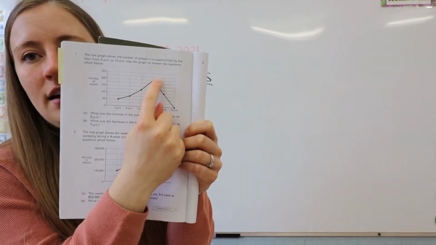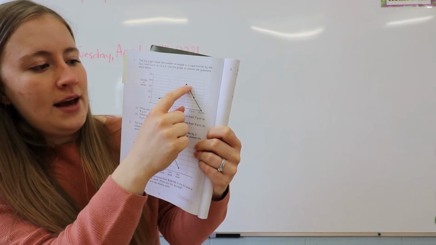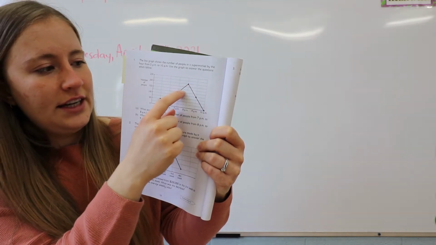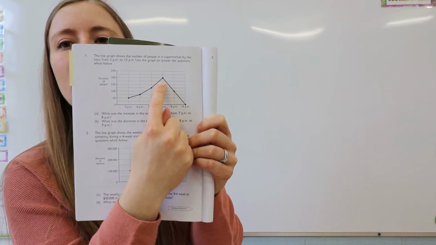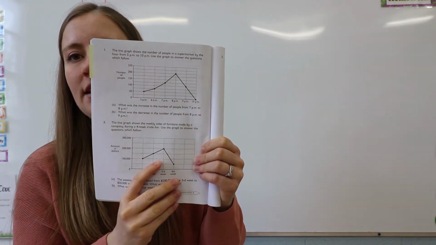And the 8 o'clock dot is at 200, and we can see that it's right on the line. So the difference is 75 people, right? Because we go from 125 to 200. So that's 75 more people between 7 and 8.